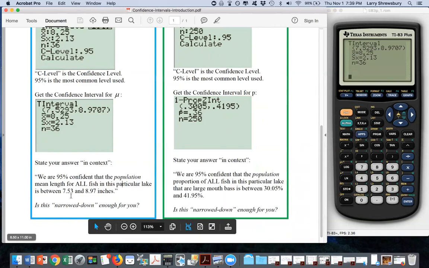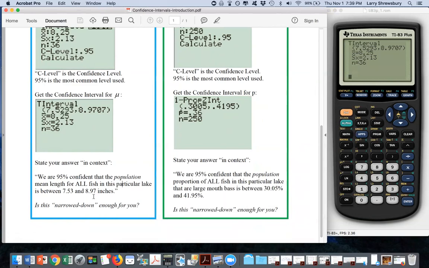Something to think about is, is that narrowed down enough to where you think you have a good approximation? Because if it's too wide, then your answer is no. That's a little too wide, from 7.5 to 9 inches. I like to have that narrowed down a little more. Well, that will lead us into sample size calculations later on.